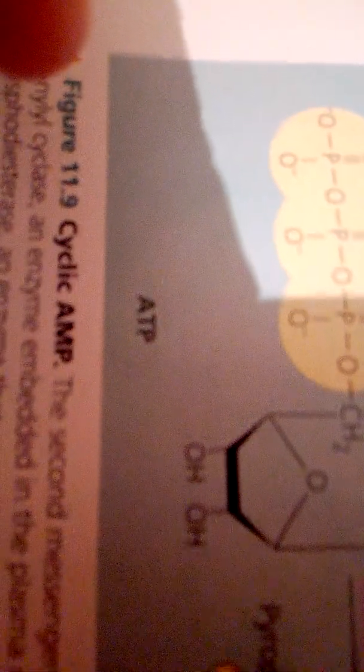An enzyme embedded in the plasma membrane, adenylyl cyclase, converts ATP to cAMP in response to an extracellular signal, in this case epinephrine, but the epinephrine doesn't stimulate adenylyl cyclase directly. When epinephrine outside the cell binds to a specific receptor protein, the protein activates adenylyl cyclase, which in turn can catalyze the synthesis of many molecules of cAMP.